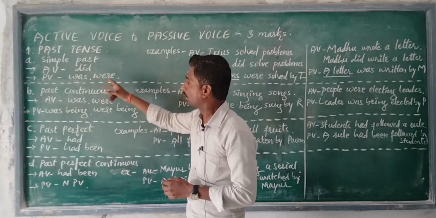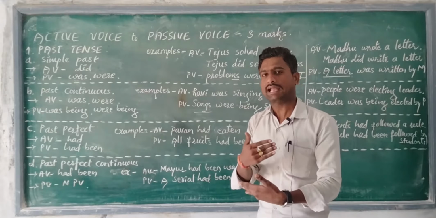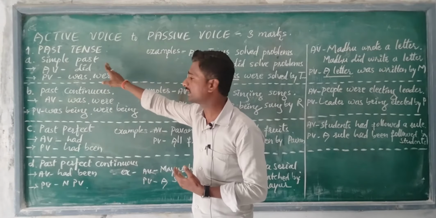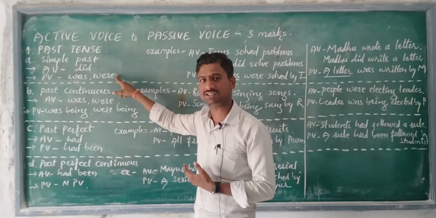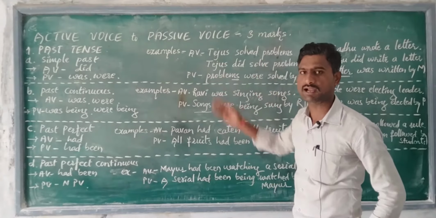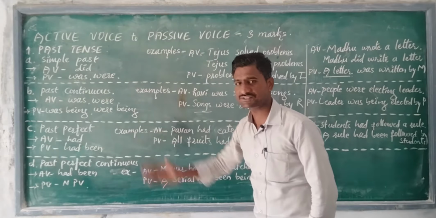When we change the sentences of active voice into passive voice in simple past, we use was and were helping verbs to shift the sentences into passive voice. Look at the examples of active voice and passive voice in simple past.